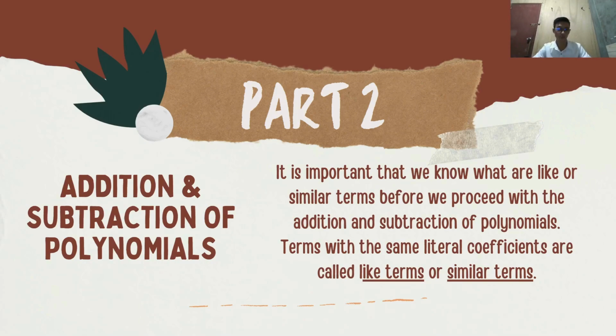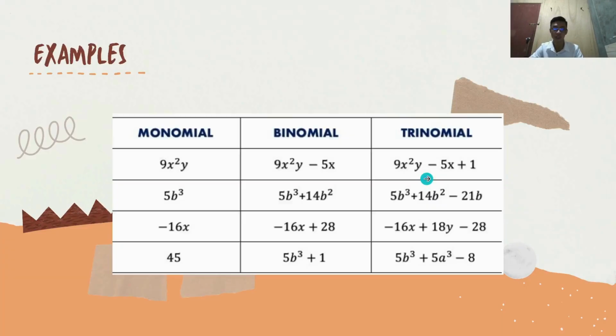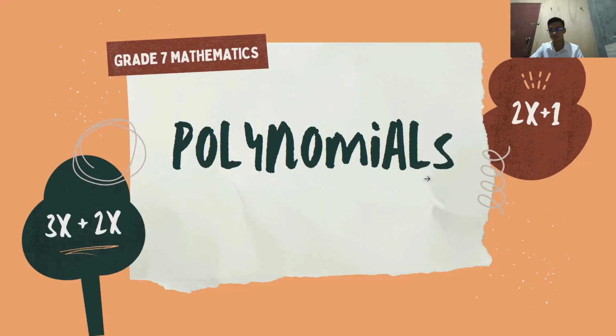It is important that we know what like or similar terms are before we proceed with the addition and subtraction of polynomials. Terms with the same literal coefficients are called like terms and similar terms. I hope each and every one of you learned once again in our video about polynomials. As simple as that, I hope and pray that we have learned today.